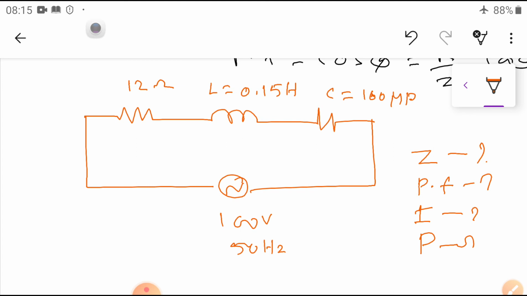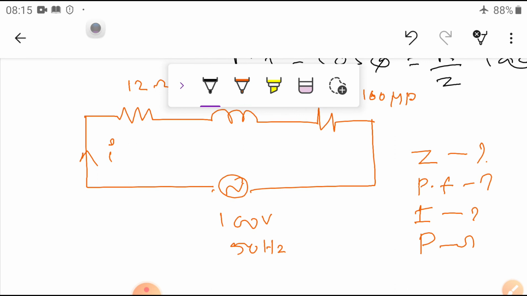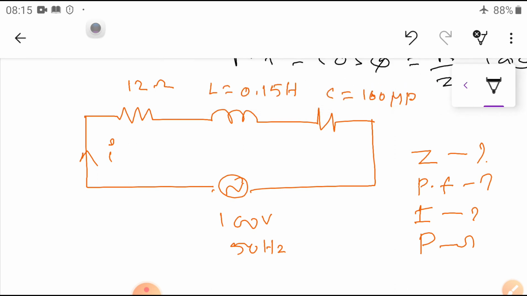Okay, how are you going to calculate? Simple. So first of all, dear students, what to do? Steps. You calculate the Z, that is enough.